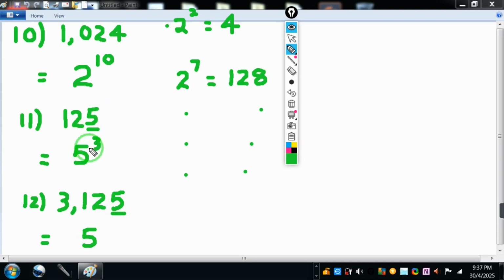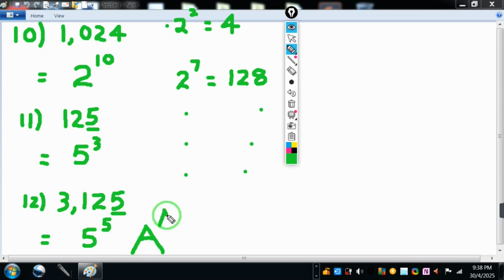So put one more. 5 to the power of 4 will be 625. Put one more. 5 to the power of 5 will be 3125. This is something like this. I've never written this before. Never, ever. First time.